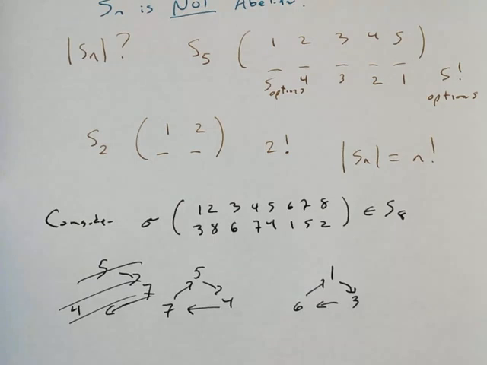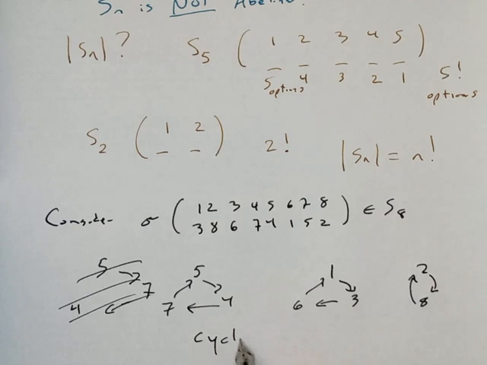What's left? Pick a number that's not there. 2. 2 goes to 8. Goes back to 2. These are the cycles in sigma.